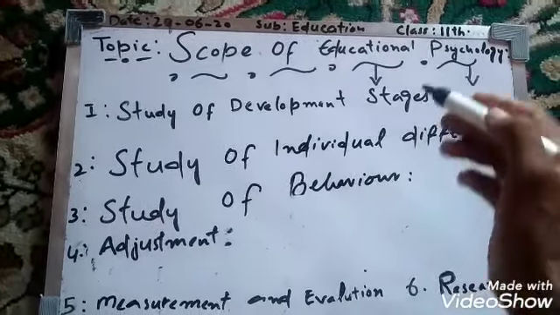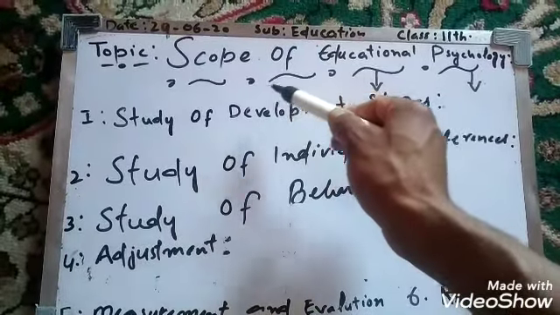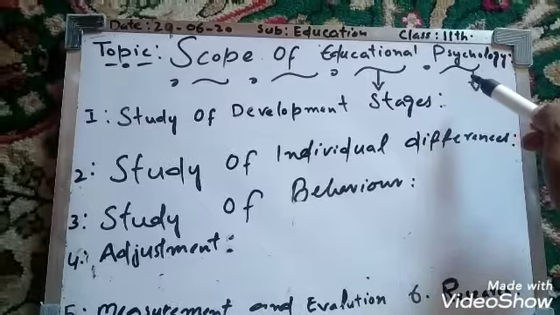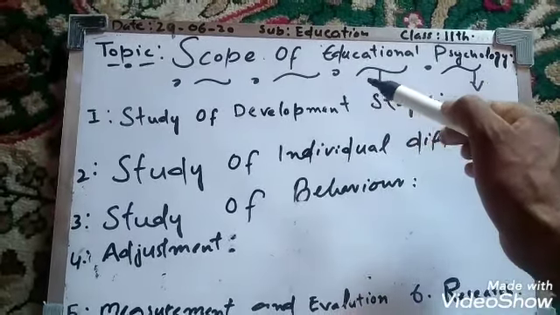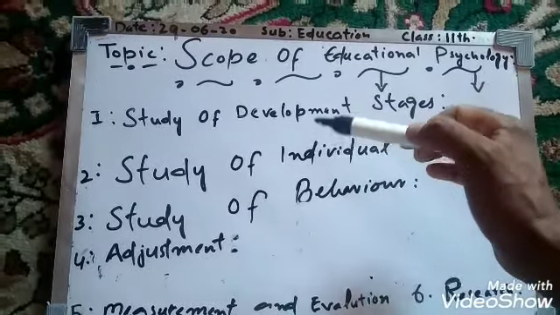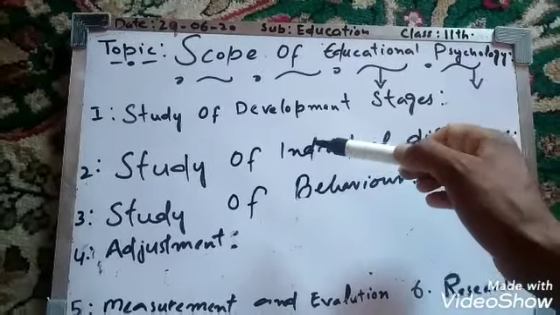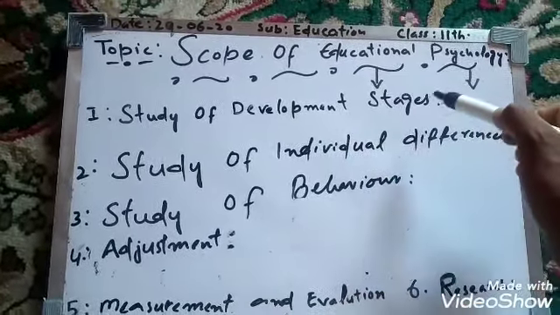Dear students of class 11th, today our topic is the scope of educational psychology. As you know, in the previous lecture, we discussed the term educational psychology. In this lecture, we shall try to learn the scope of educational psychology.